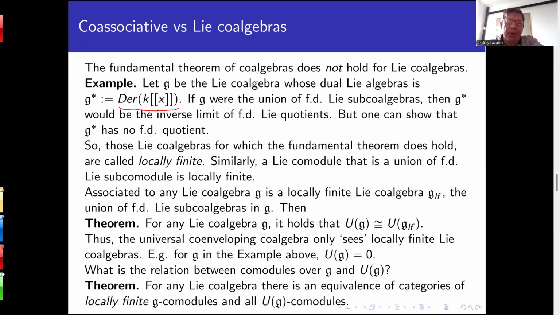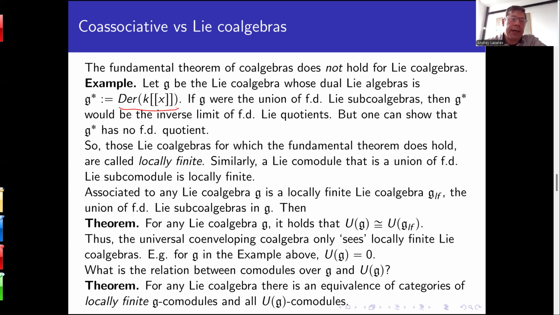But here's an example of a Lie coalgebra which has no finite dimensional Lie subcoalgebra at all. So we just take the formal power series ring, we take its derivations. That's an algebra, but it's easy to see that it's dual to a certain Lie coalgebra.